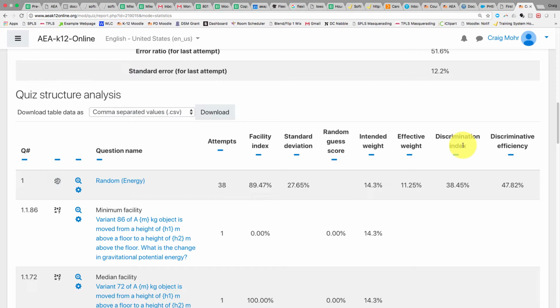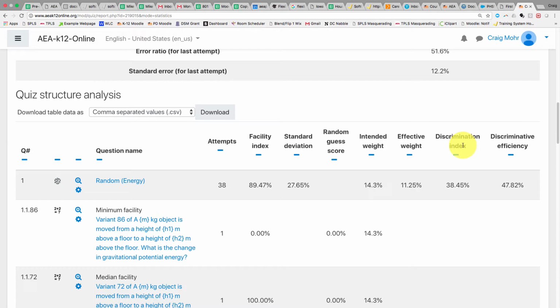On the flip side, if a student gets all of them wrong except one of them right, now we're looking at the opposite. But that question, again, is not discriminating between people who know it and people who don't. That would get a poor discrimination index.